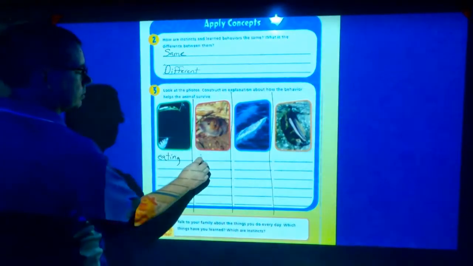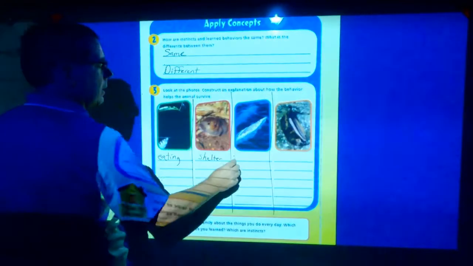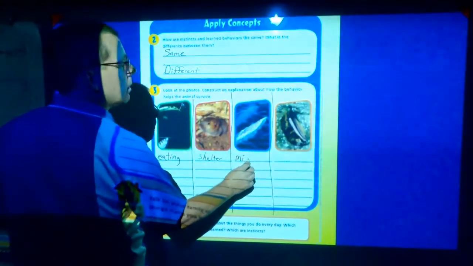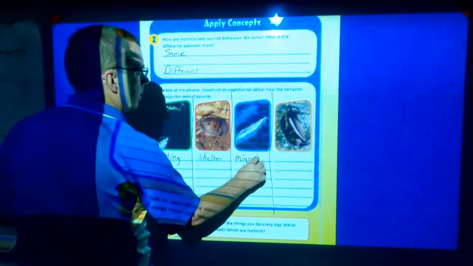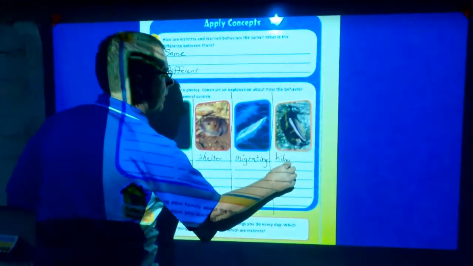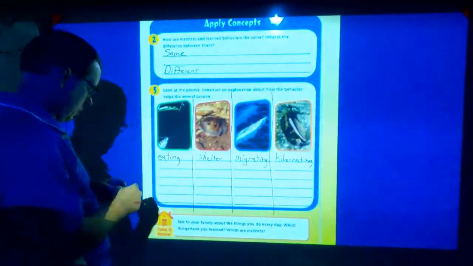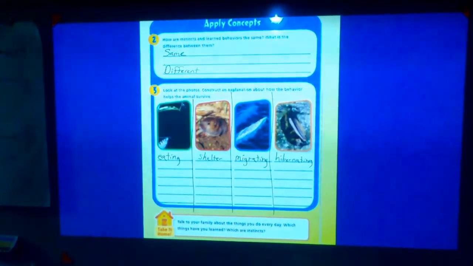This was shelter. This was migrating. And this one is hibernating. So those are your top words, but how are those helping the animals to survive?